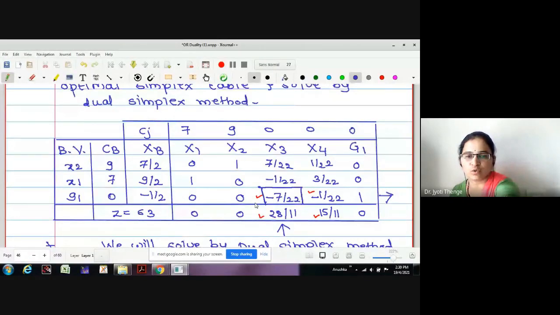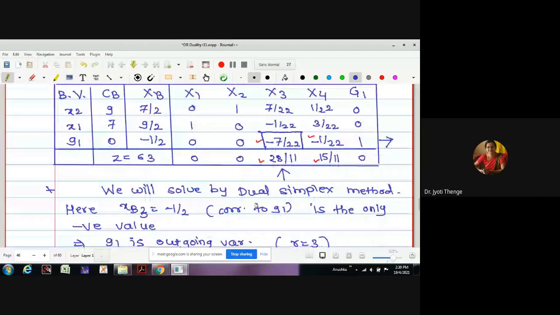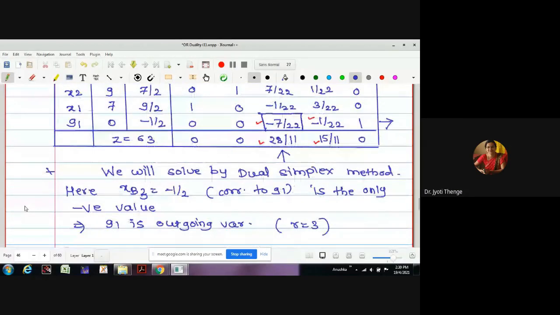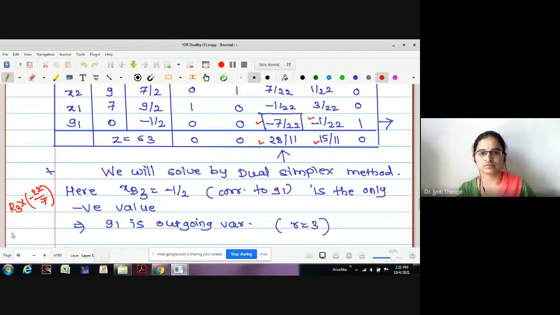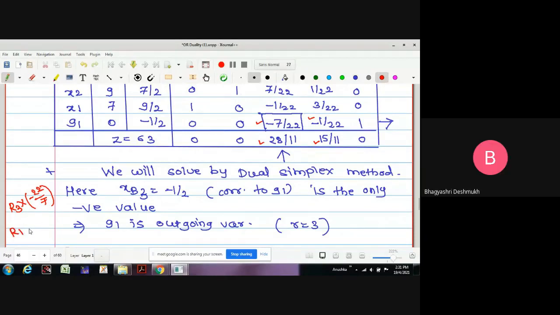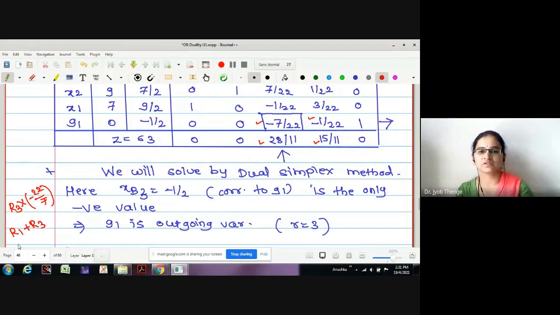Let us think what my row operations are then. R3 into minus 22 upon 7. Good. Converting the first element to 0: R1 plus R3. Next for R2.